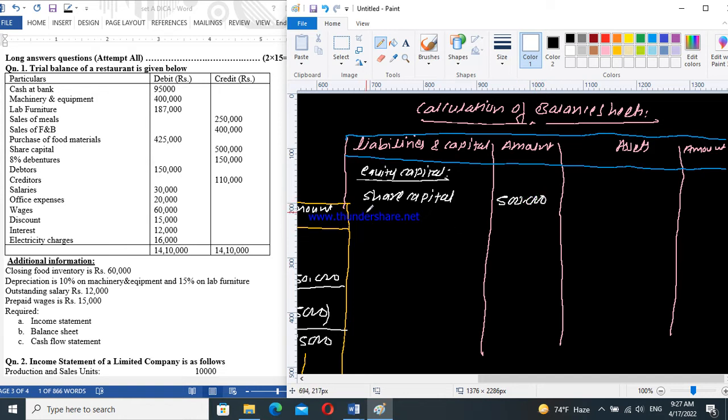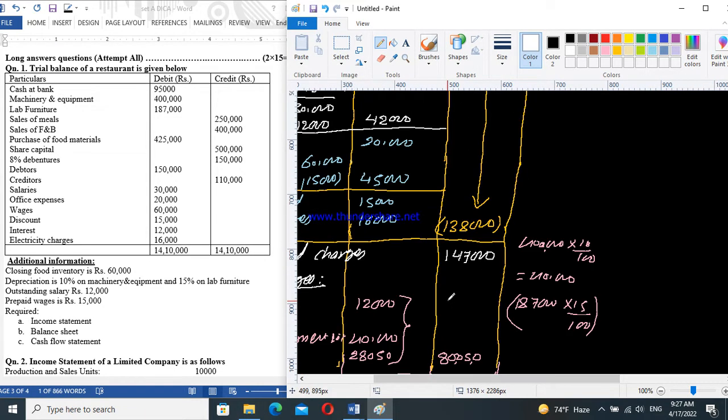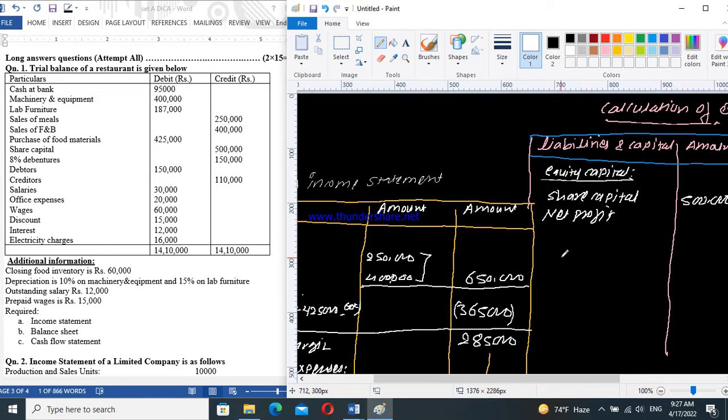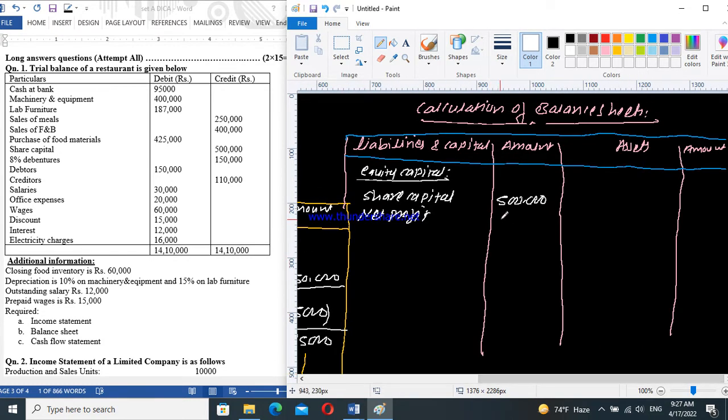Next we have net profit, which was calculated in the income statement over here. This amount is transferred onto the balance sheet: 66,950.